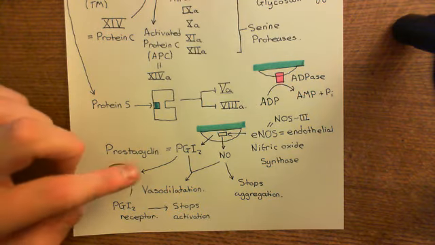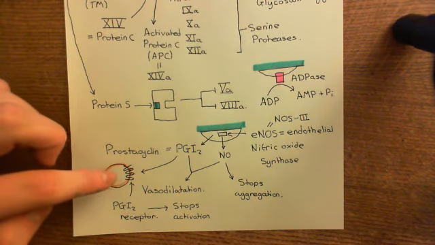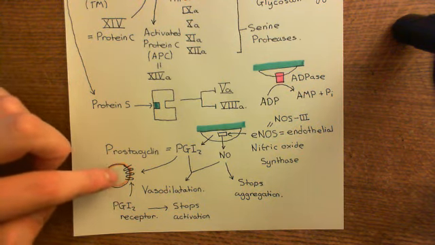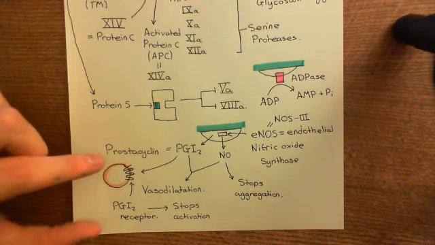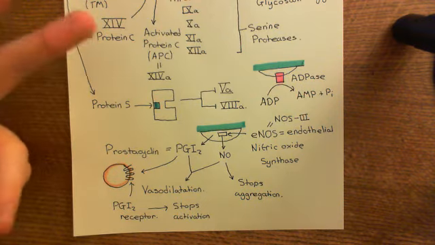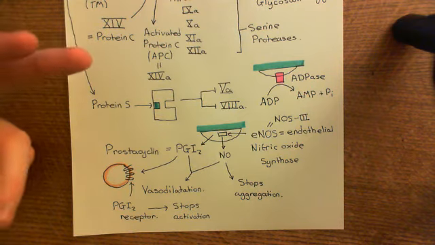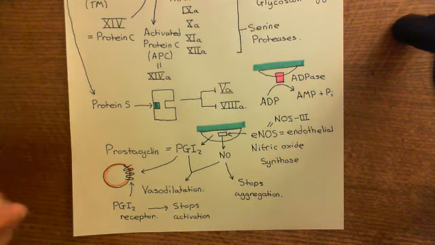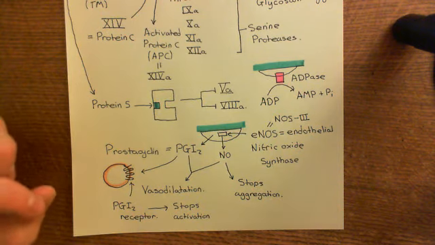If a prostacyclin molecule is bound to the prostacyclin receptor on a platelet, then this platelet will not undergo activation. So even if it finds collagen or tissue factor or ADP, it won't undergo the activation response where it starts chucking out ADP and thromboxane A2 itself.